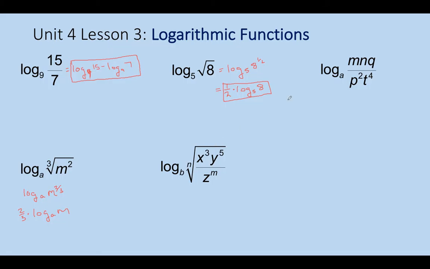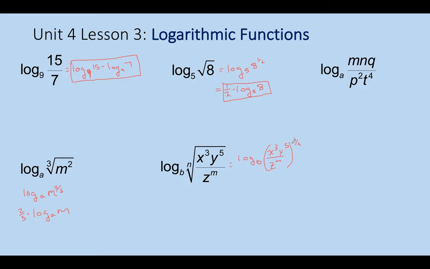All right, between these two, I think I'm going to pick this one. So this one's got a lot to it, but what we can do is take the nth root and throw that up as an exponent. We'll say log base b of x to the 3rd, y to the 5th, over z to the m, and all this would be to the 1 over nth power.